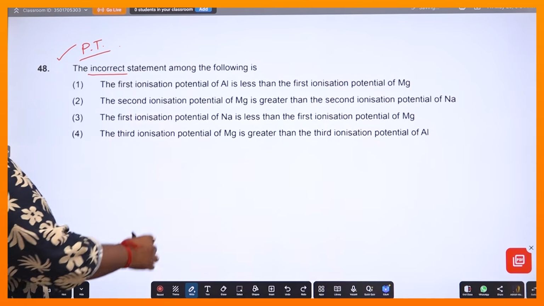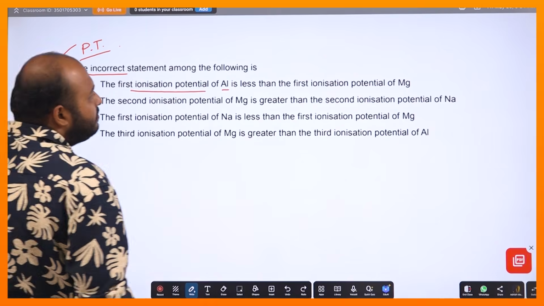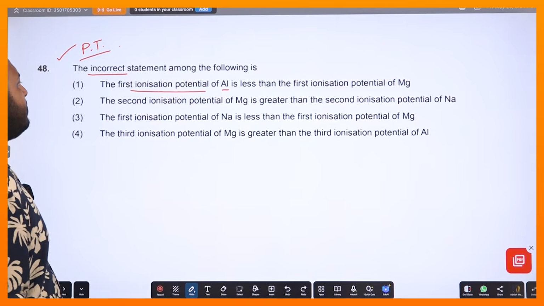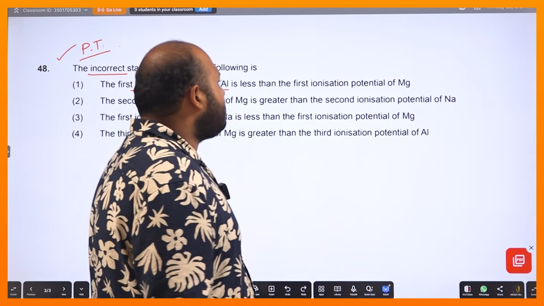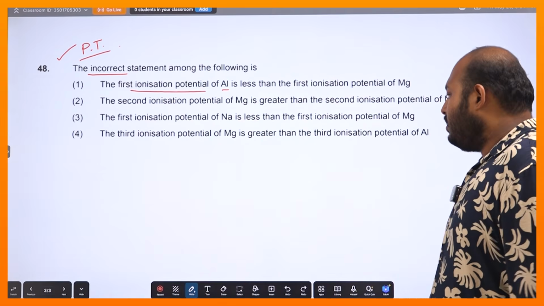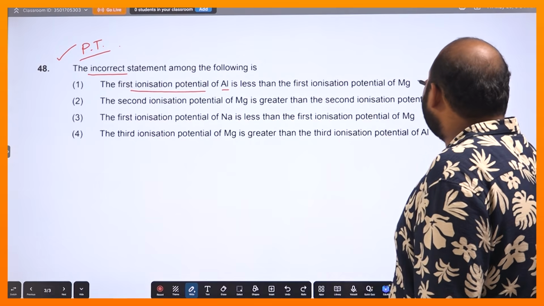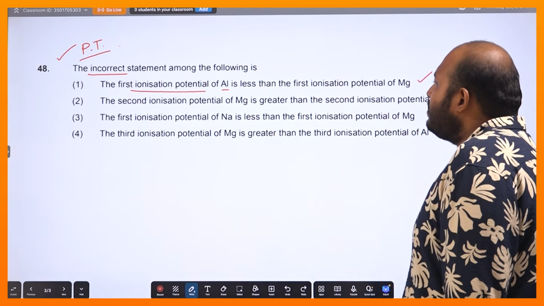So if you check the ionization potential of aluminium, it is saying in the first option that the first ionization potential of aluminium is less than the first ionization potential of magnesium. So I hope you can understand that this point is actually correct.